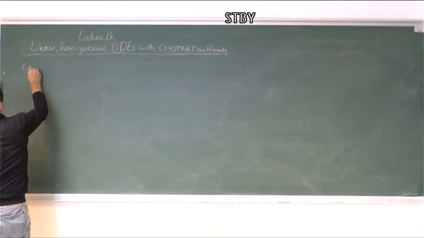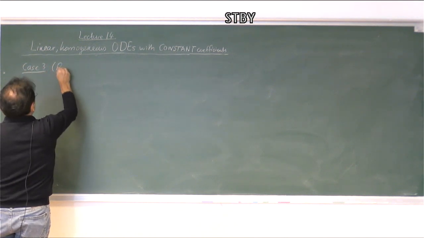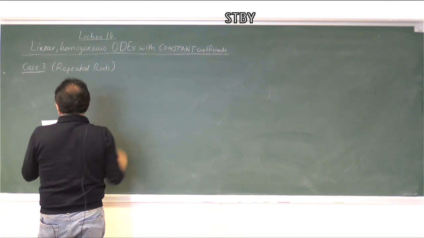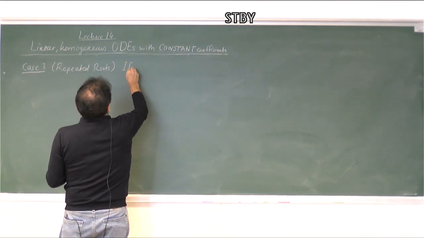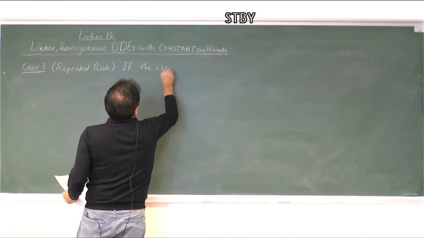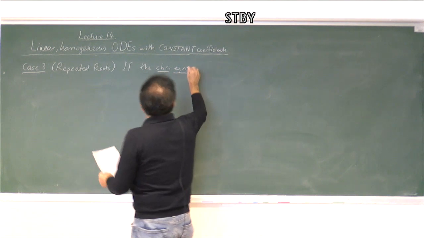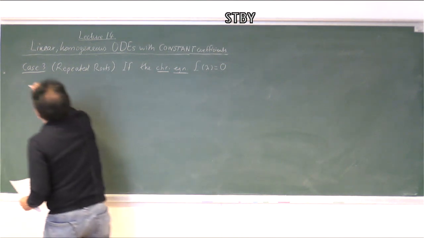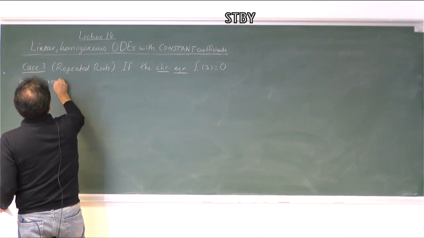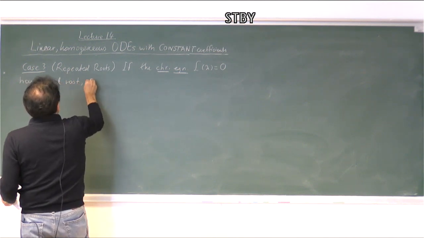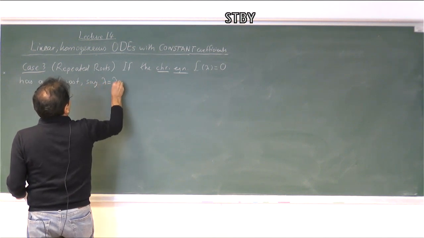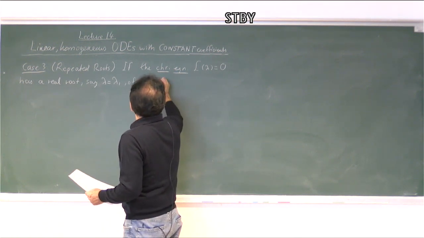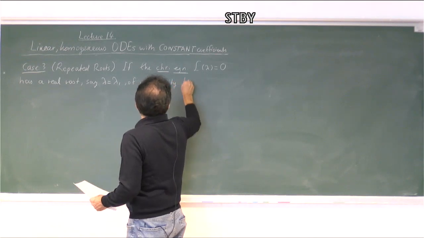Okay, say case 3, repeated roots. So if the characteristic equation L of lambda equal to 0 has a real root, say again, lambda 1, of multiplicity k.